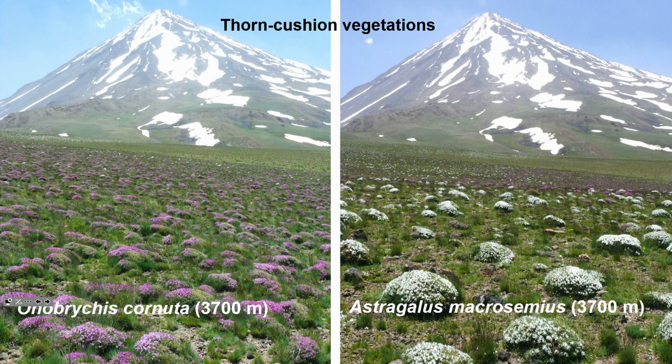They are usually together, but in some parts, I don't know what is the exact reason, Onobrychis is dominant, and in some parts, Astragalus is dominant. So look at here. Here is more Onobrychis, and here is Astragalus. It seems when the angle or slope changes a bit, but I'm not sure if this is the reason.